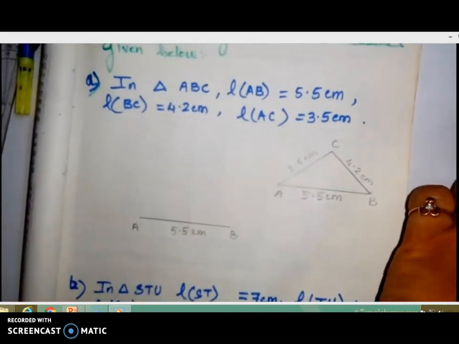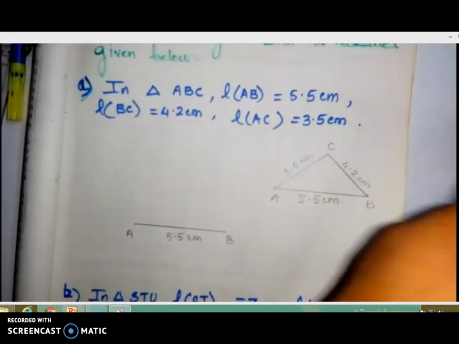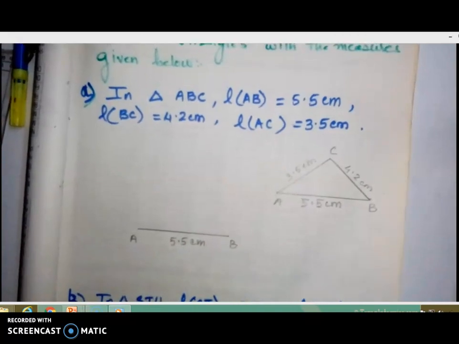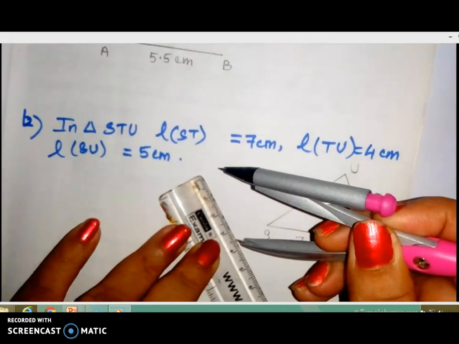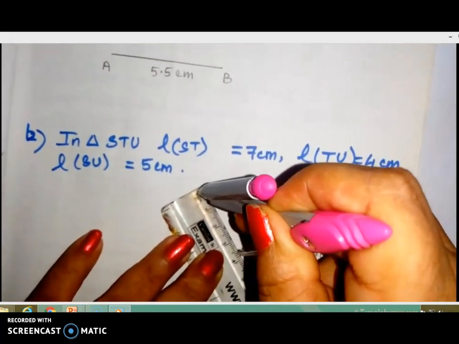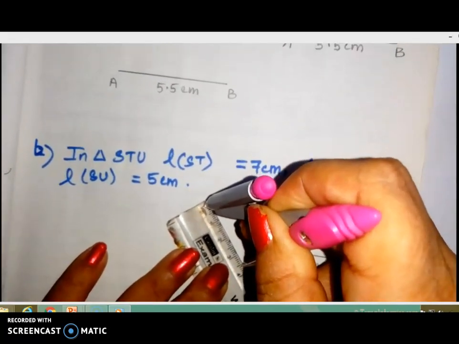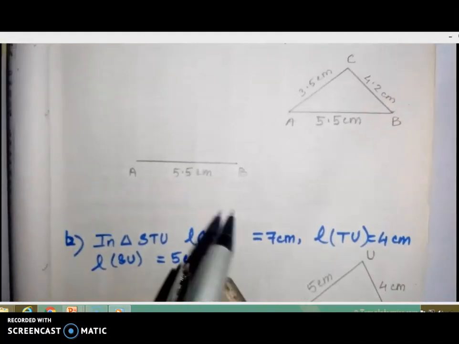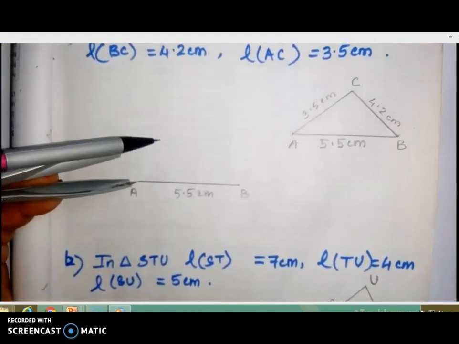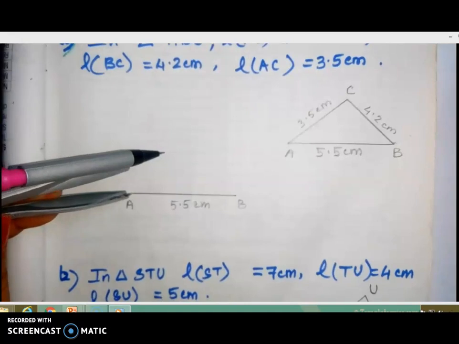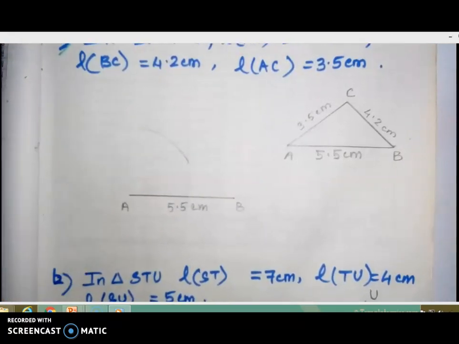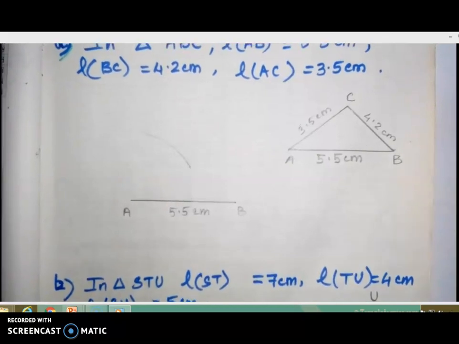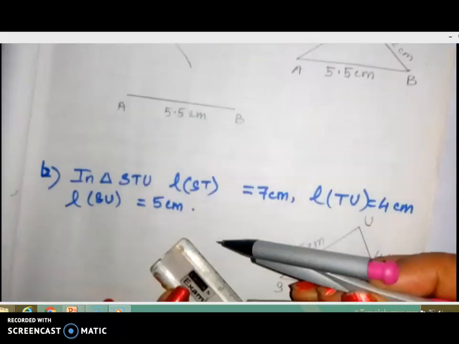Now with the help of the compass, I will measure out 3.5 centimeter. Placing the pointer at A, we will draw an arc 3.5 centimeter, and now we will measure 4.2 centimeter.